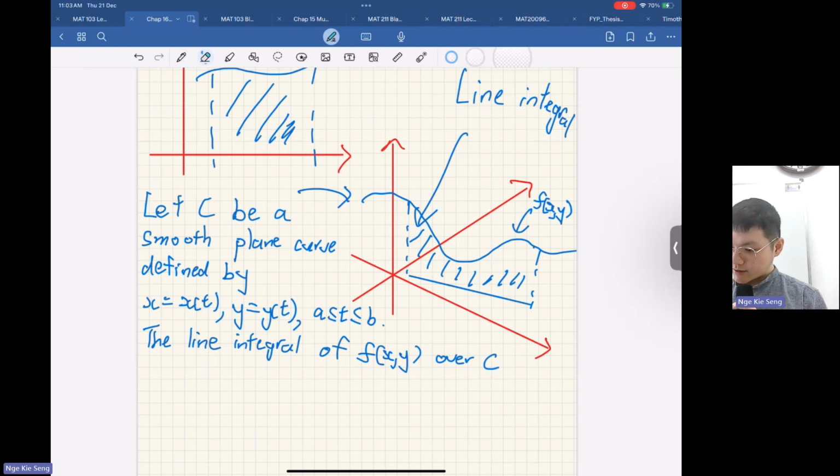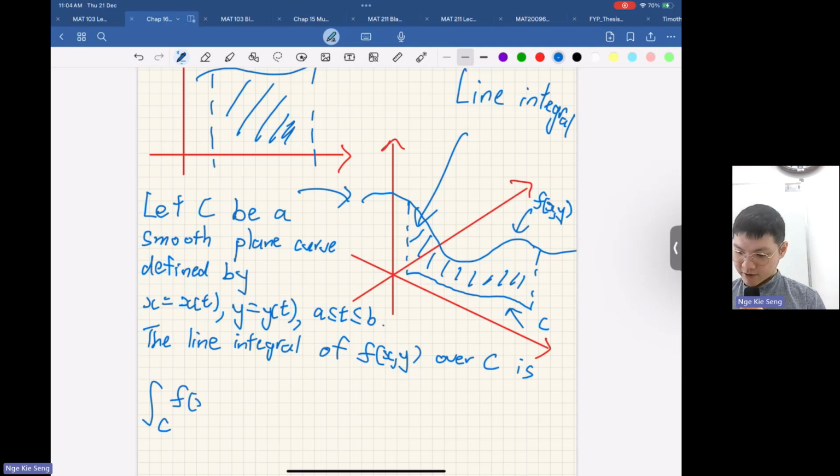Maybe C is below here, so maybe we pick a bit curvy C like this. The line integral over C is the integral over C of f(x,y) dx.